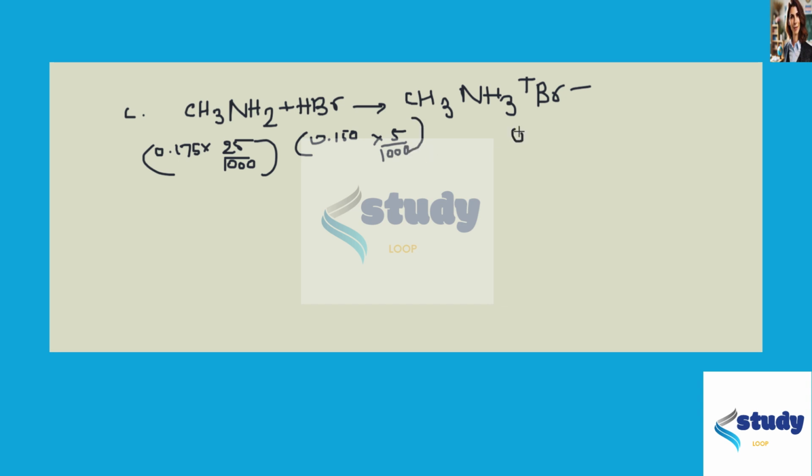And then initially this is 0. These values, I've calculated them. You can calculate it again just to check. Is 0.004375, and here it's 0.00075 and 0.